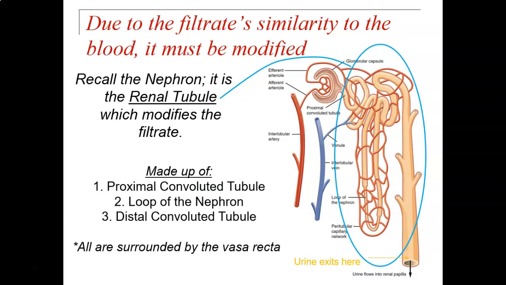of last class. So, again, the renal tubule, that's this part here, these squiggly lines. Now, there are three parts of it: the proximal convoluted tubule, the loop of Henle, or the loop of the nephron, and the distal convoluted tubule.